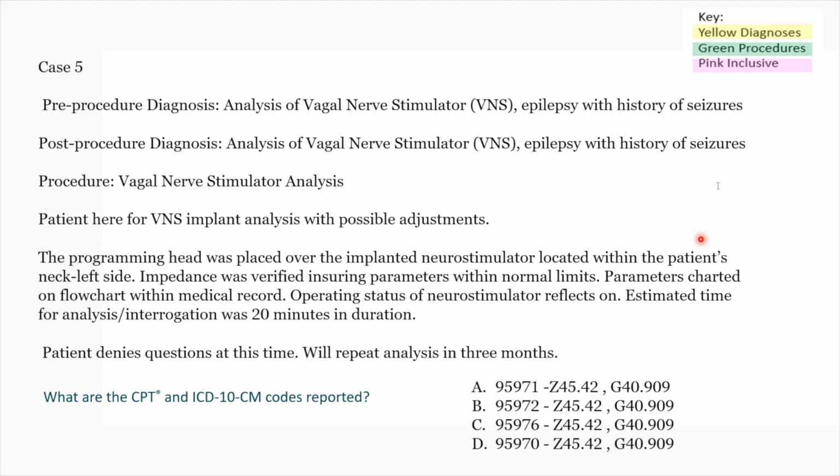Parameters charted and flow chart within the medical record. Operating status of the neurostimulator reflects on estimated time for analysis. Interrogation was 20 minutes in duration. Patient denies questions at this time, would repeat analysis in 3 months. What are the CPT and ICD-10 codes reported? Coders, you have 2 minutes.